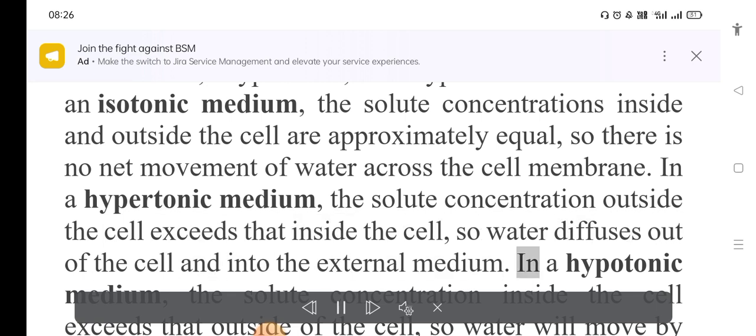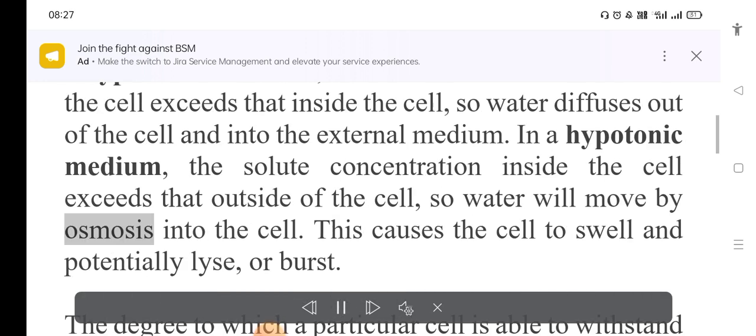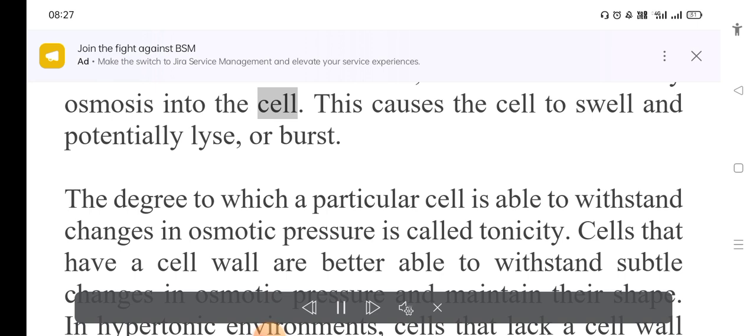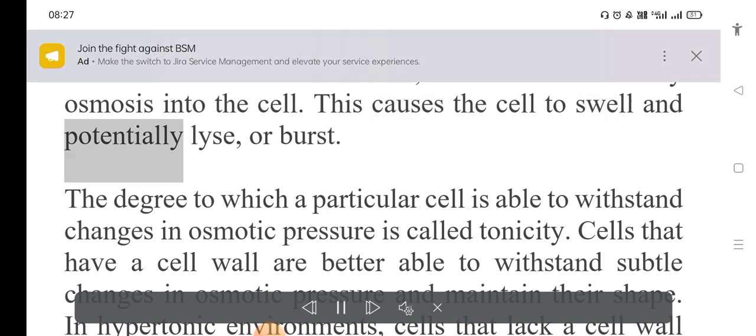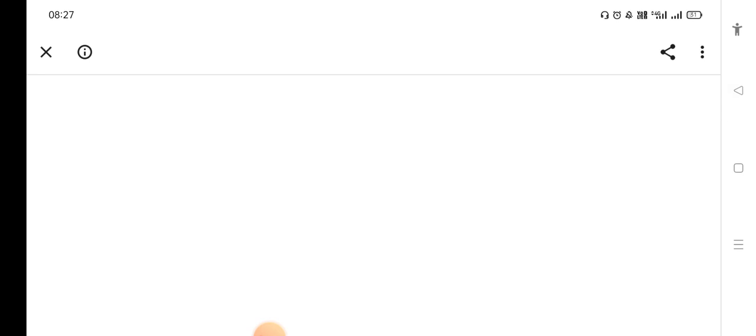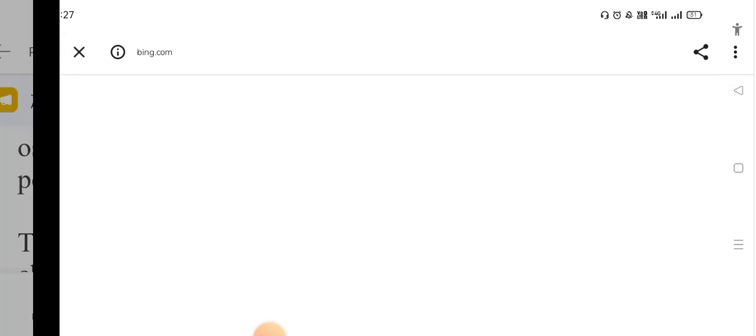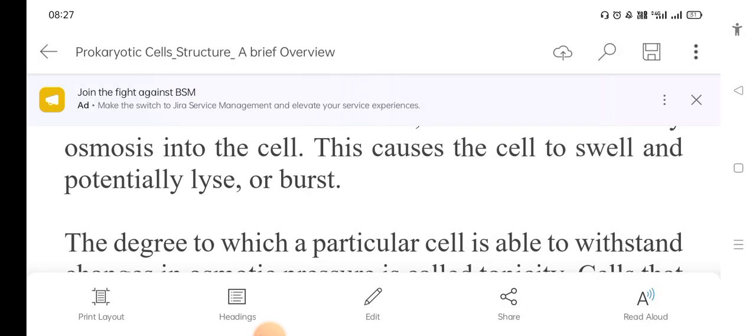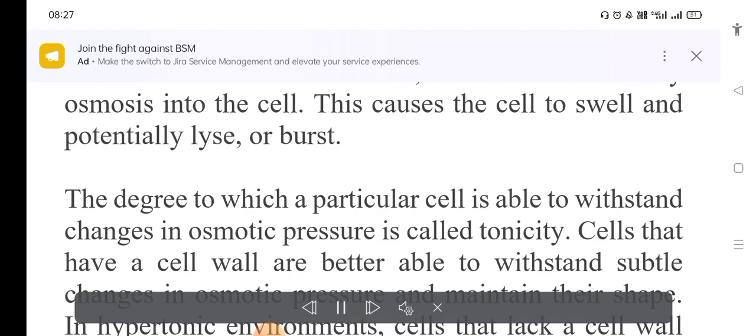In a hypotonic medium, the solute concentration inside the cell exceeds that outside of the cell, so water will move by osmosis into the cell. This causes the cell to swell and potentially lyse, or burst. The degree to which a particular cell is able to withstand changes in osmotic pressure is called tonicity.